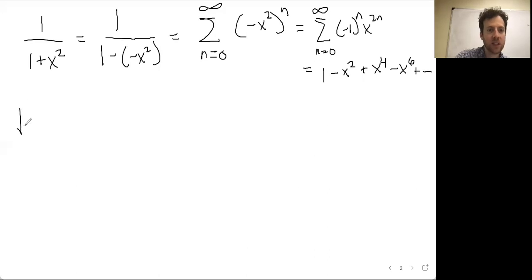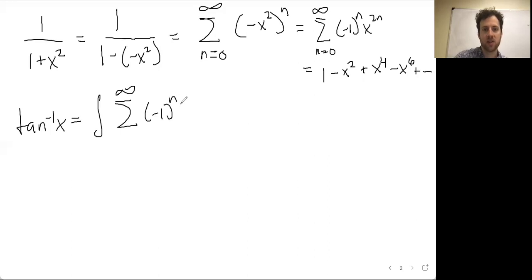So that means that inverse tangent is going to be the integral of this series. And what we're able to do is integrate this term by term, meaning we can think of each term as this expression, integrate all of them using the power rule separately, and then take the series of what the power rule gives you.